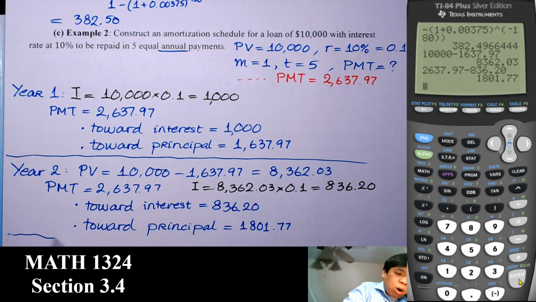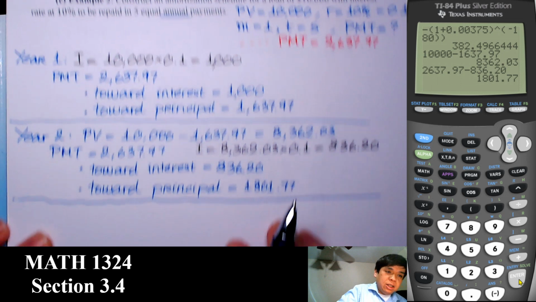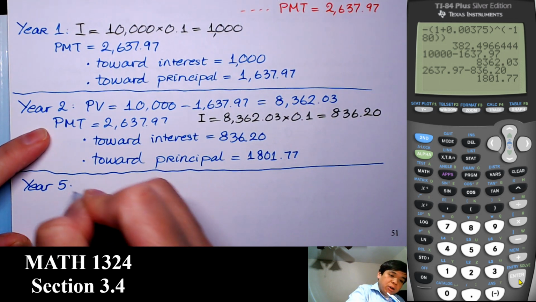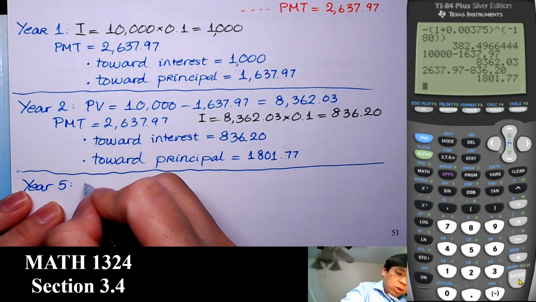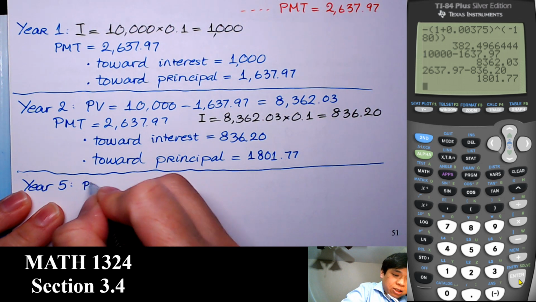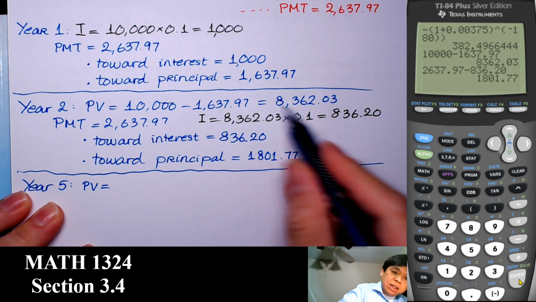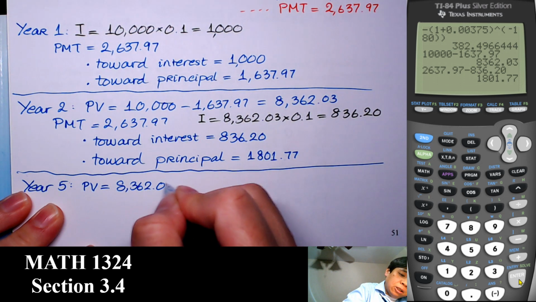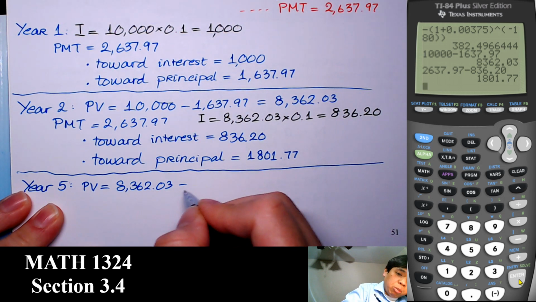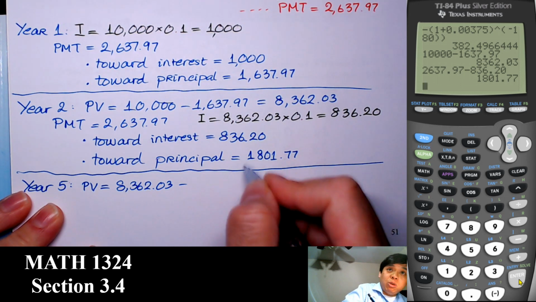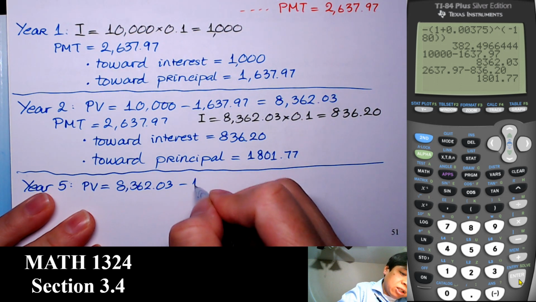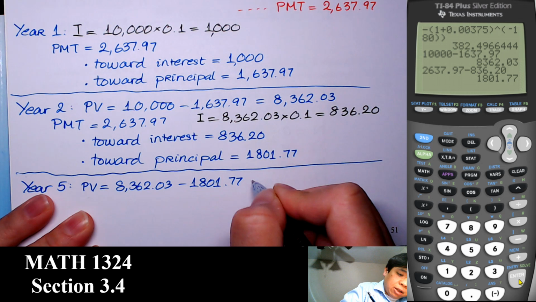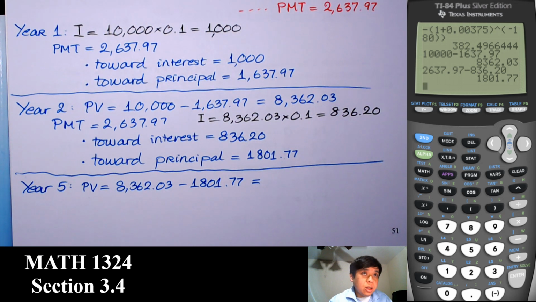Let's do that one more time for year 3, and after year 5 the amount will go to 0. So the amount now is the previous balance, subtracting the amount that went to the principal on the previous payment.